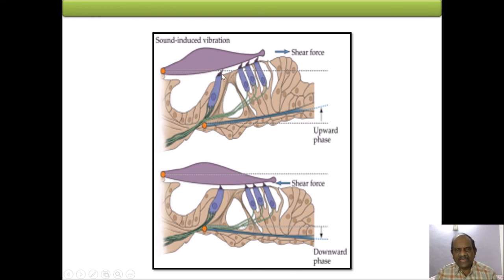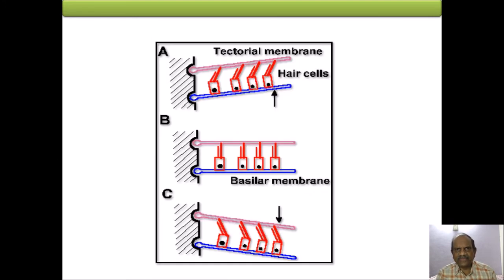And see here the movement of the hair, that is the stereocilia. When it moves in the upward direction, it moves away to the outside, and when it moves downward, it moves to the inner part at the limbus. What you can see in this figure is the movement of the tectorial membrane.